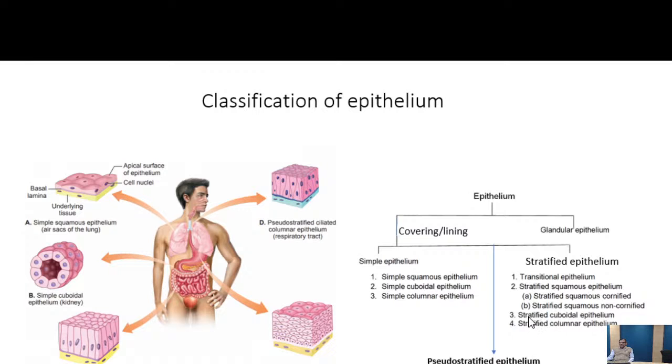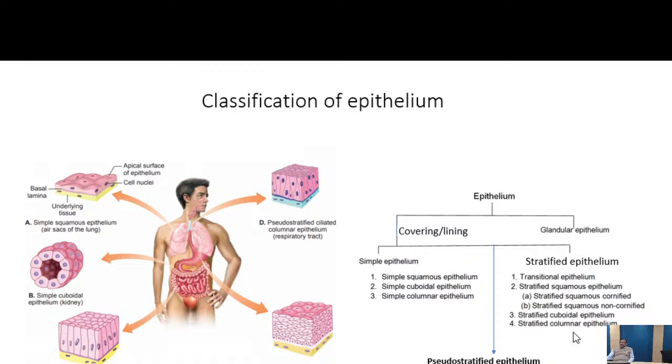Then there is stratified cuboidal epithelium. I don't have a figure over here. Stratified cuboidal epithelium means there will be two layers of this type of cells, and this epithelium is usually present in the duct of the sweat gland or the duct of other exocrine glands like the salivary gland or like the pancreatic duct.